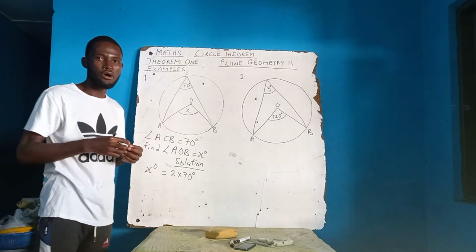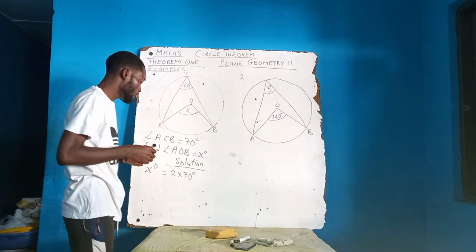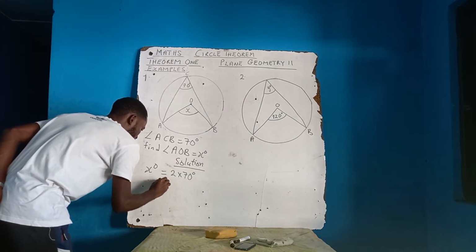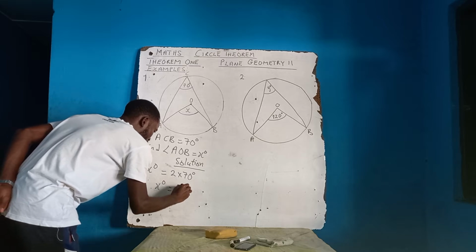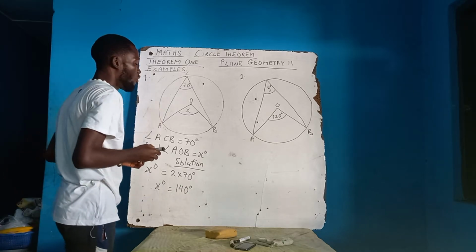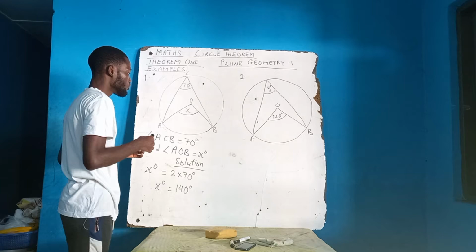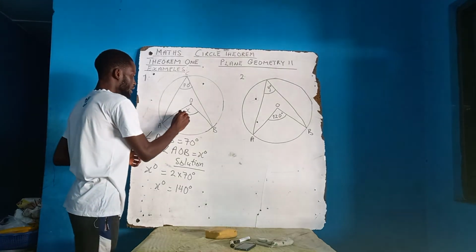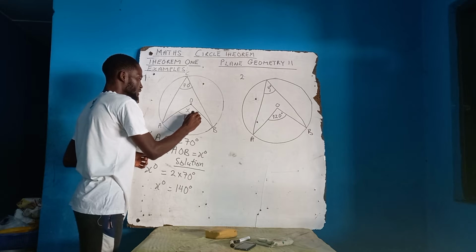That is the angle formed at the circumference. So therefore, our x degrees is 140 degrees. So in answering this question, we have 140 degrees.